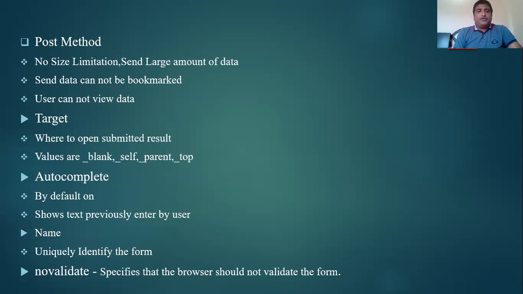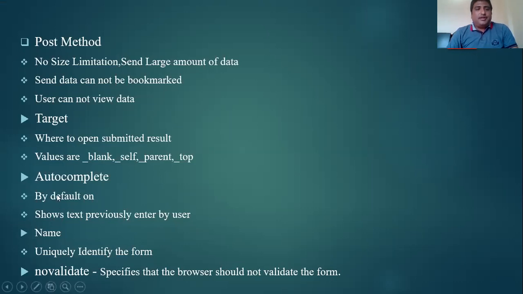Next attribute is target. So target used to where we want to show the result. Its value are blank. Blank means it will open in a new tab. Self means in that tab the result will show. Parent means in parent frame, and top used to display the result in a top frame.